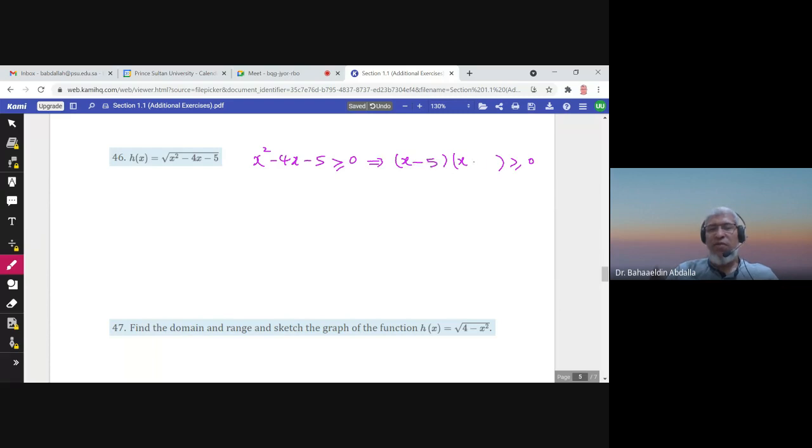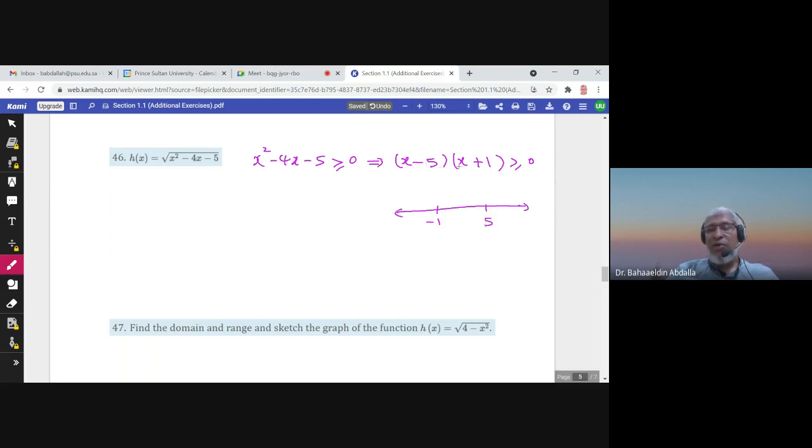So negative 5 and plus 1. Negative 5 times 1 is negative 5. Negative 5 plus 1 is negative 4. Now the zeros of these two terms, I have negative 1 is a 0 and 5 is also a 0.